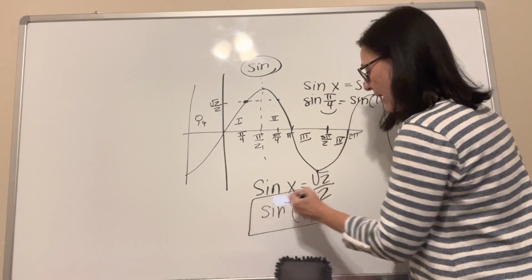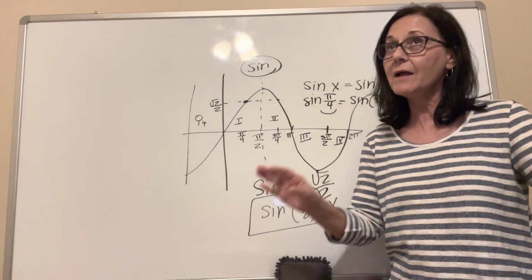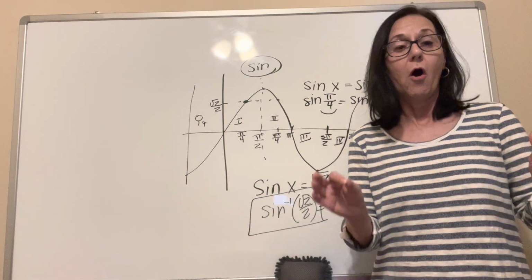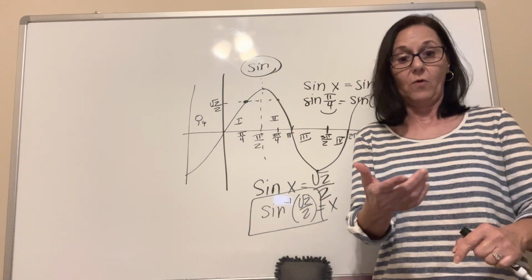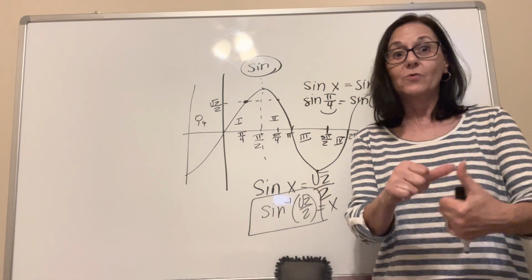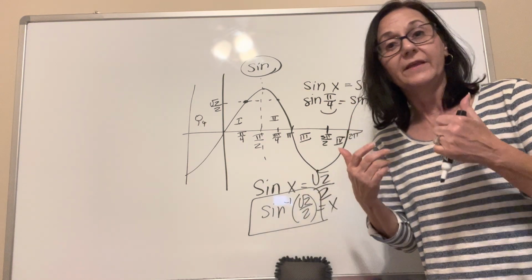But when I put it in my calculator, I have to remind myself, the only time we're putting this in our calculator is when that ratio is not on the unit circle. So when it's not 0, 1, -1, 1/2, square root of 2 over 2, and square root of 3 over 2, right? Those are our ratios that are on the unit circle.